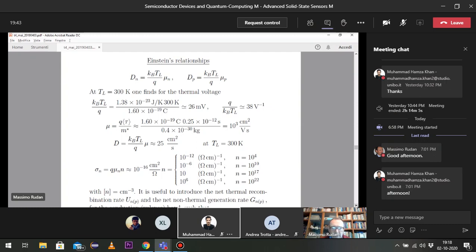Then we can consider an intrinsic semiconductor like silicon. Then we consider a doped semiconductor with some dopant concentration. And finally, we can consider an insulator, okay? From our analysis, you remember the insulator has no electrons in the conduction band and no holes in the valence band.